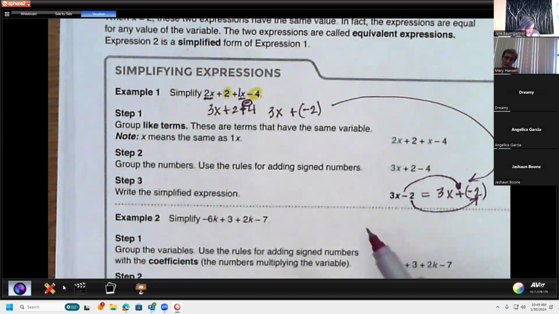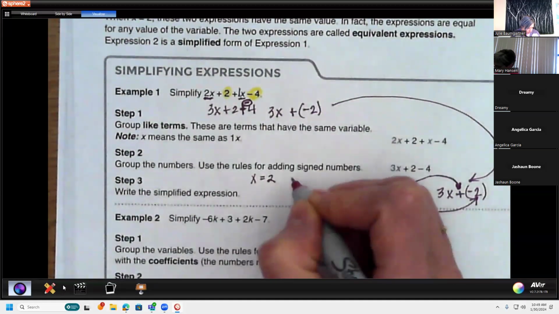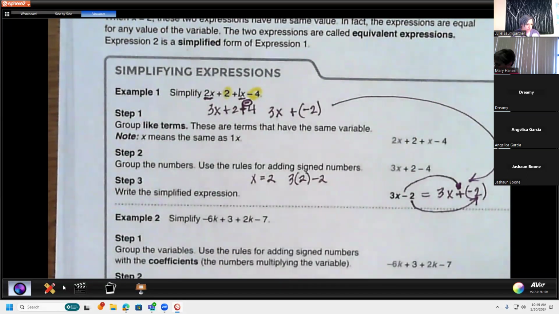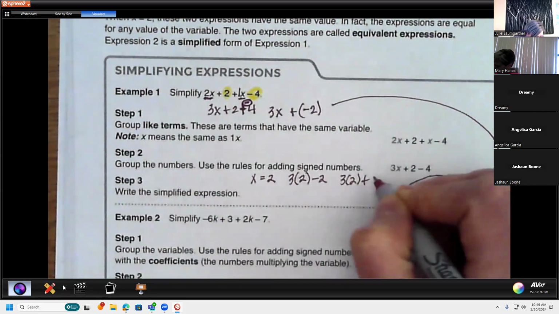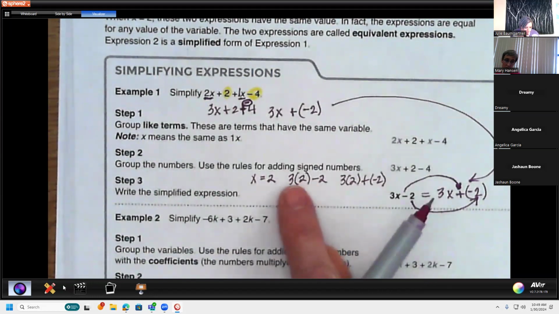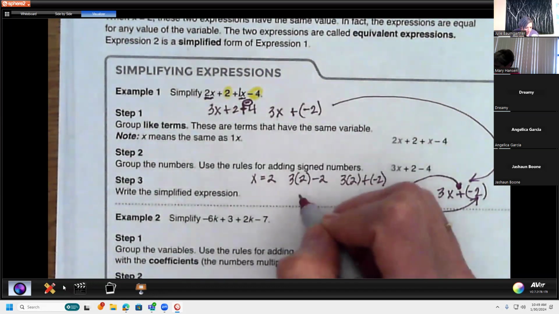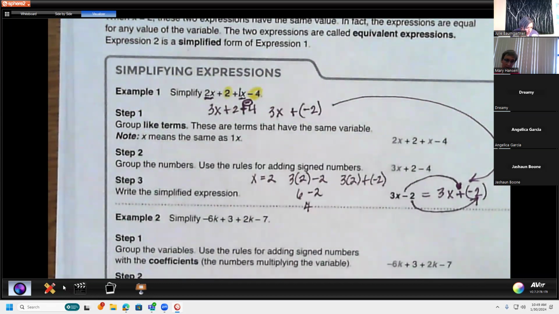So if you're not quite convinced, let's say x equals 2. If I put in 3 times 2 minus 2, or I put in 3 times 2 plus -2: 3 times 2, I do multiplication before I do my addition and subtraction. 3 times 2 is 6, and 6 minus 2 is 4.